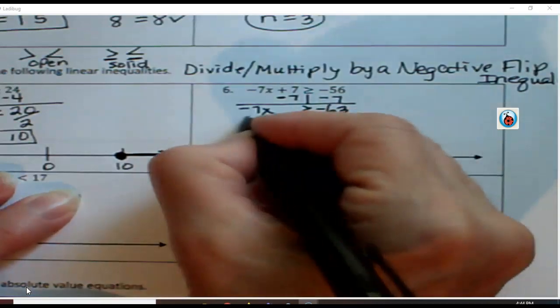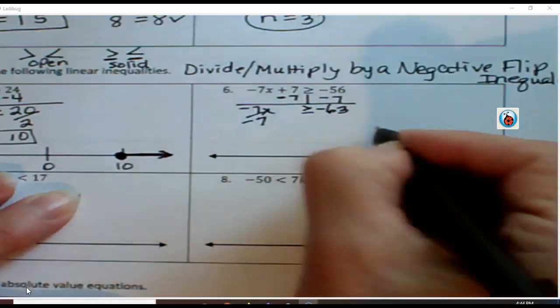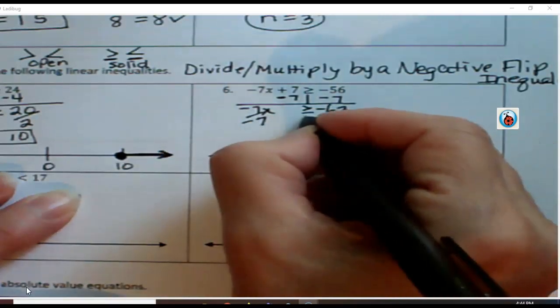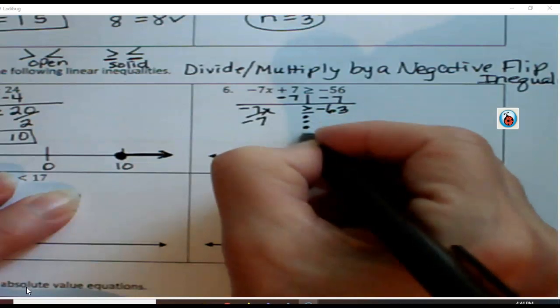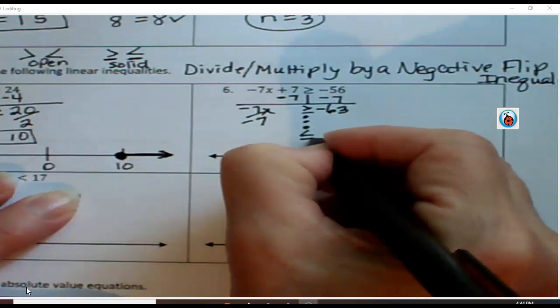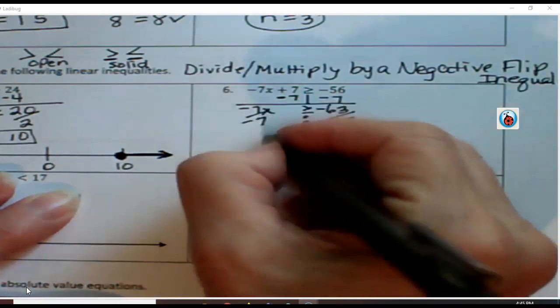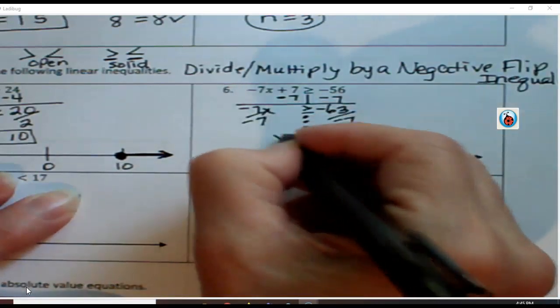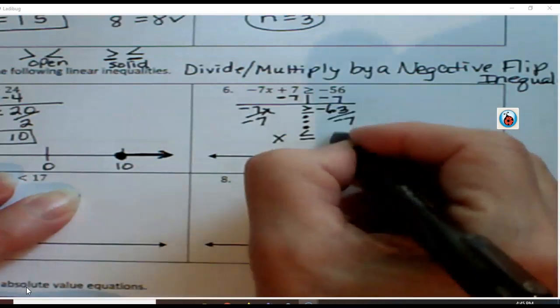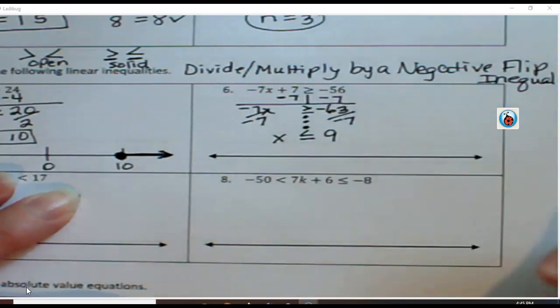I'm going to divide by a negative 7. Since you're dividing by a negative 7, you're going to ding, ding, ding, flip that thing because you're dividing by a negative. That turns out to be an x by itself. Right here, it's a 9.